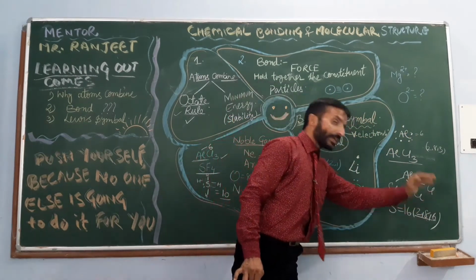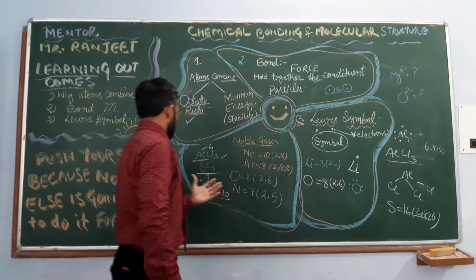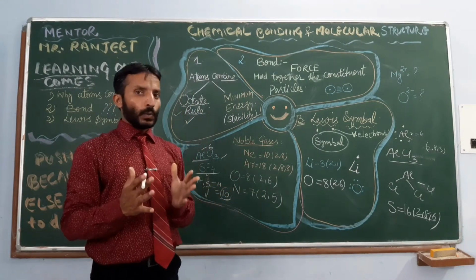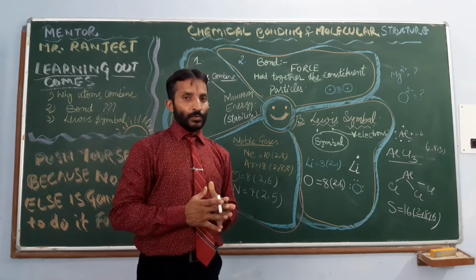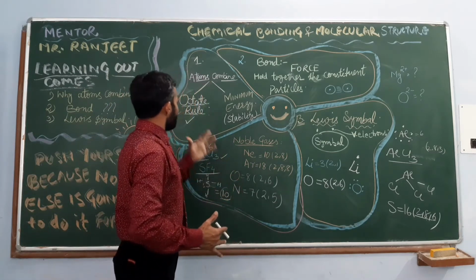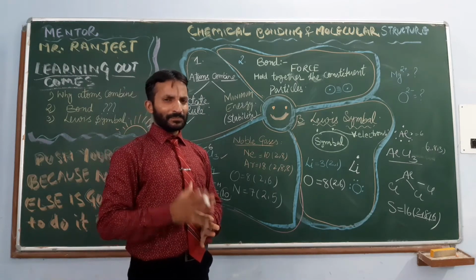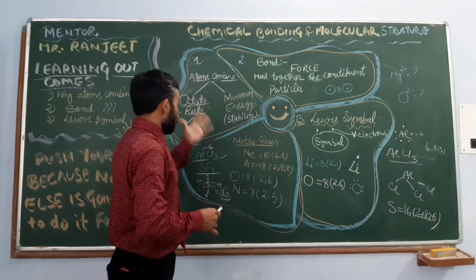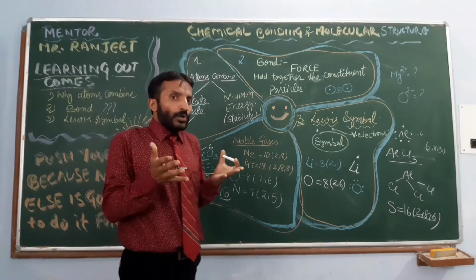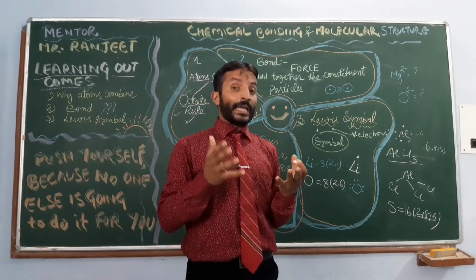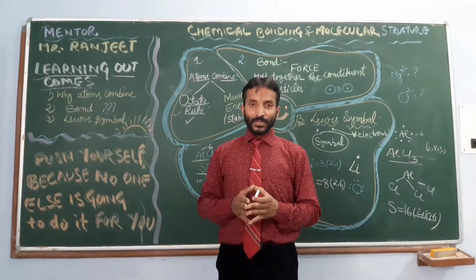This way we can find out that it has a total of 10 electrons in its valence shell, which is more than 8. So it means the octet rule cannot be the only criterion to tell why atoms combine.